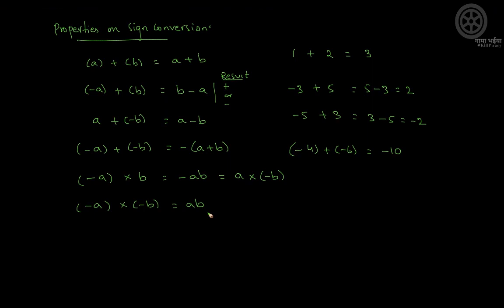These are very important at the time of simplifications. And similarly, 4 minus 6 is not equal to 6 minus 4. See, 4 minus 6 is minus 2, and 6 minus 4 is 2. So this rule is very important, guys.